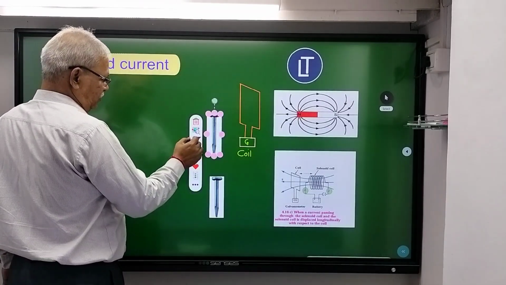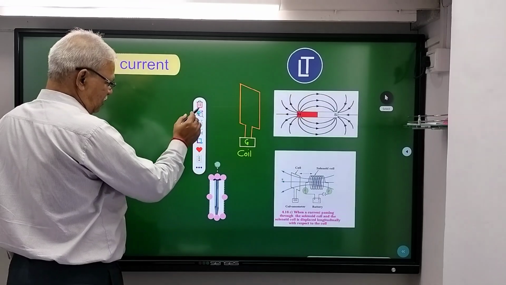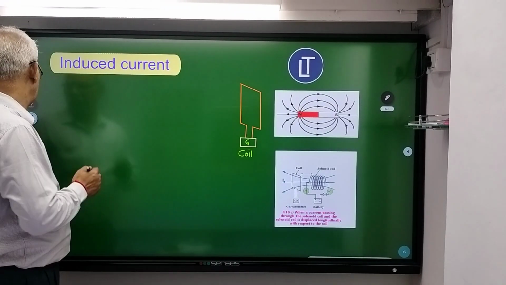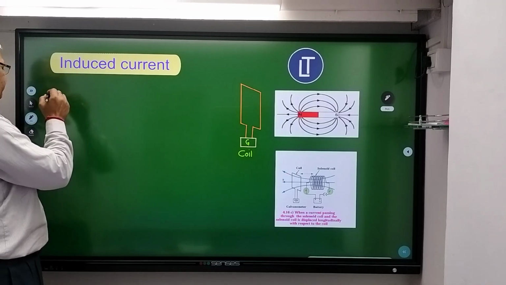I am going to remove it. I am going to write the induced current. I am going to write the definition of induced current.